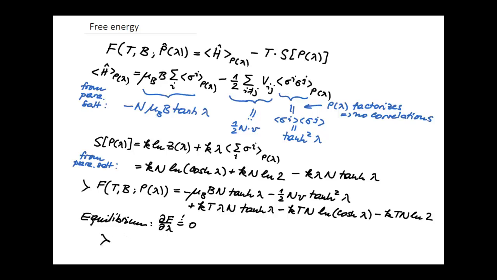When you do that with this lengthy expression, you find the condition that the hyperbolic tangent of the equilibrium value of lambda must be equal to kT over this coupling parameter little v times the equilibrium value of lambda, minus Bohr magneton external field over v. This is the equilibrium condition for the ferromagnet, the Ising ferromagnet, in the mean field approximation.